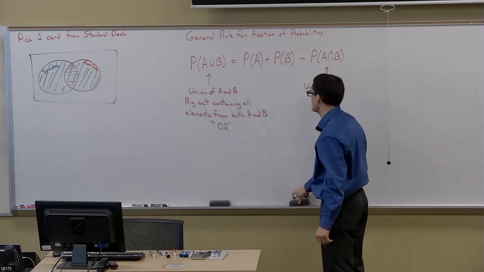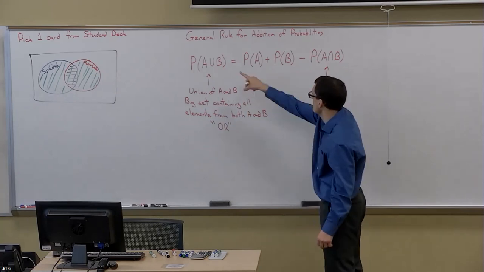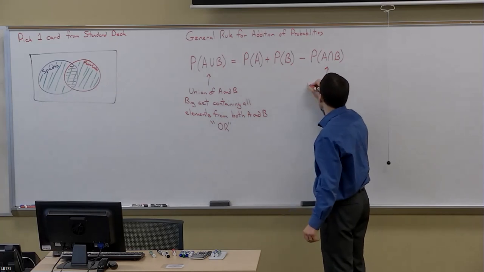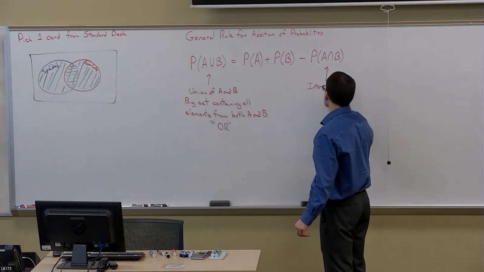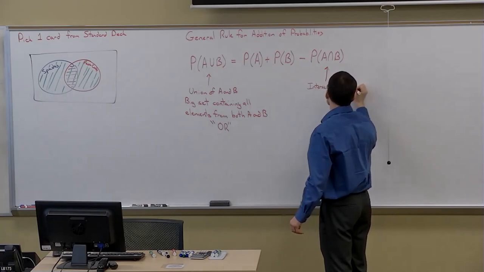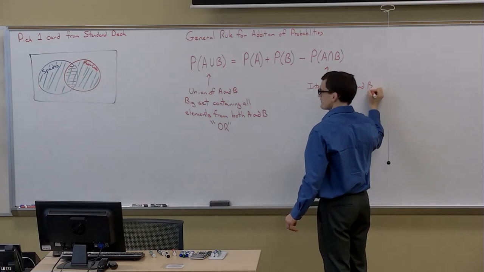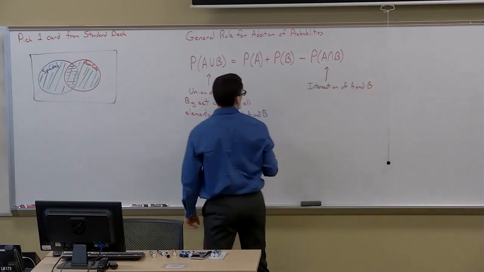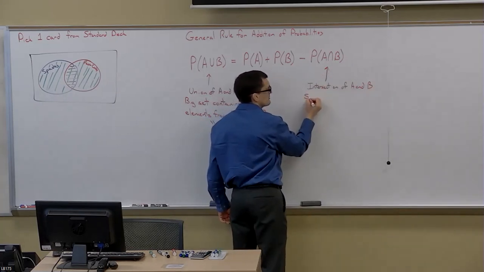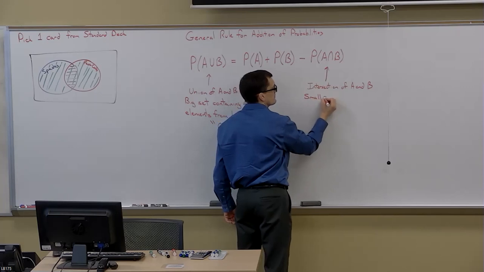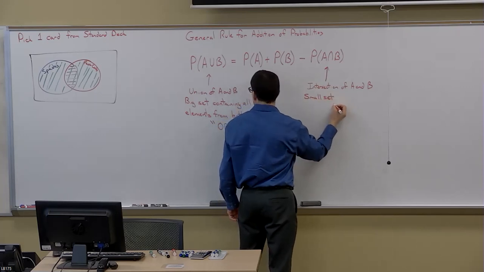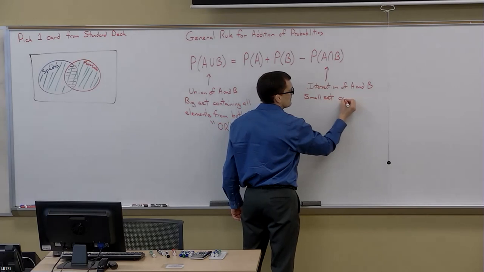Not, that's a union, excuse me, intersection. Union, intersection. The intersection of A and B is a small set containing the overlap.